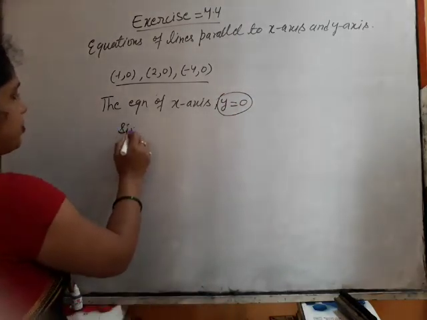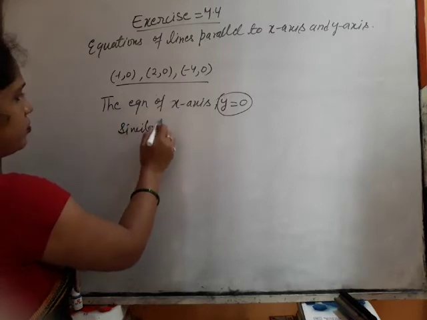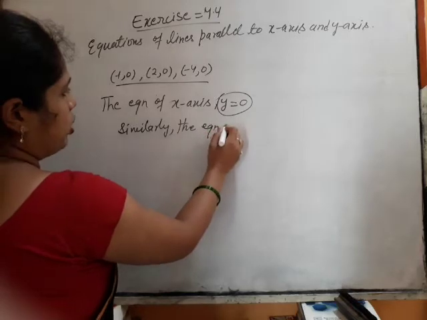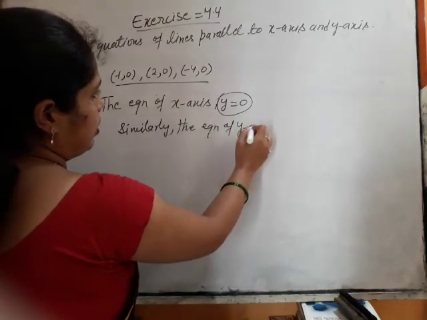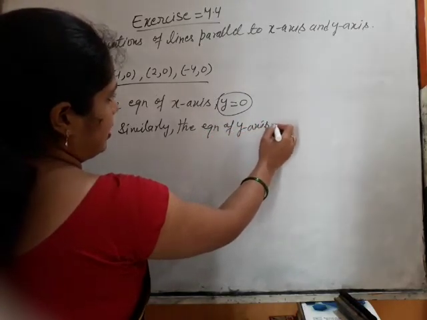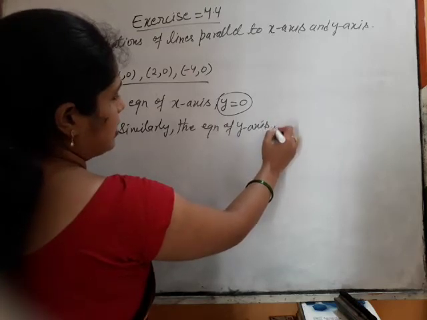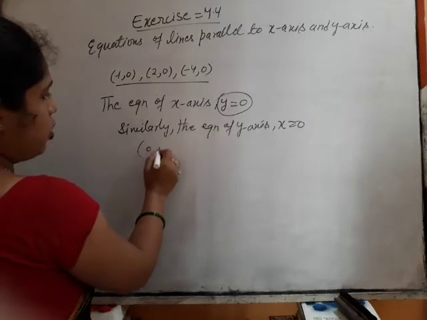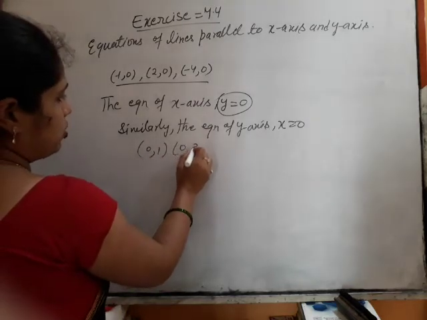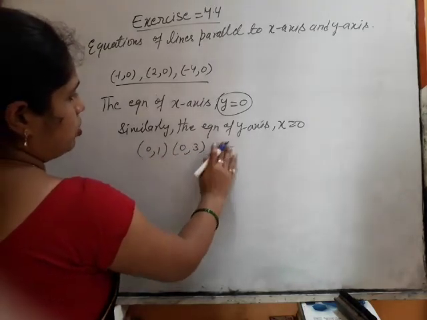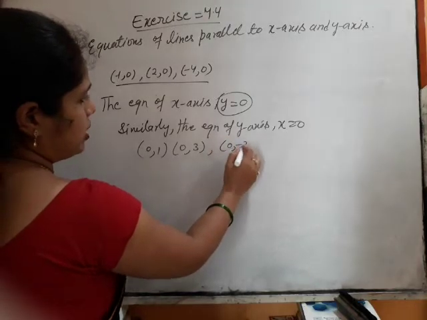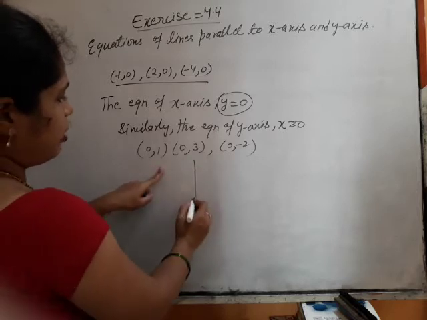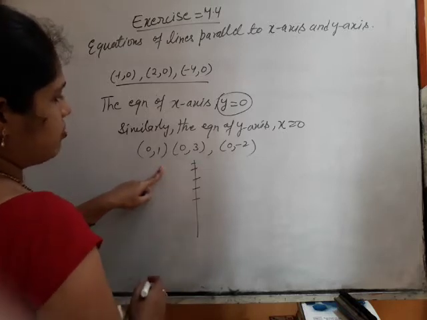Similarly, the equation of the y-axis is x equals 0. For example, if we write the points (0, 1), (0, 3), (0, -2) on the y-axis, all the values will come on the y-axis. Why?